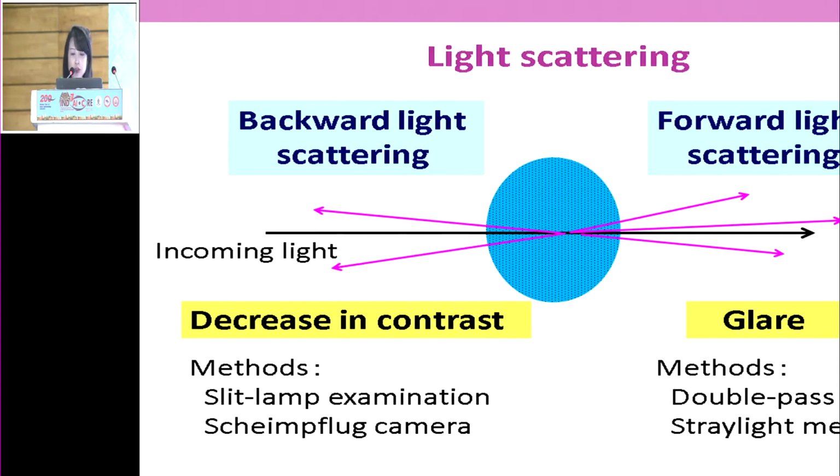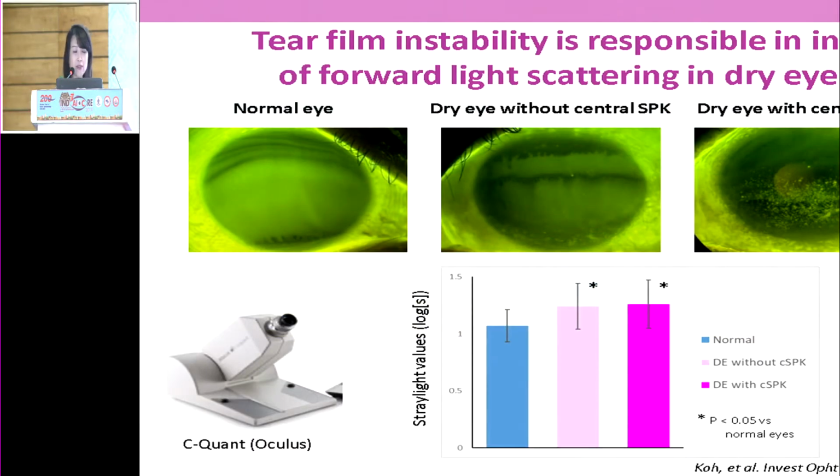There are two commercially available techniques which can measure forward light scattering: double pass imaging and the straylight meter. Previously, we measured forward light scattering in dry eye using a commercially available straylight meter.